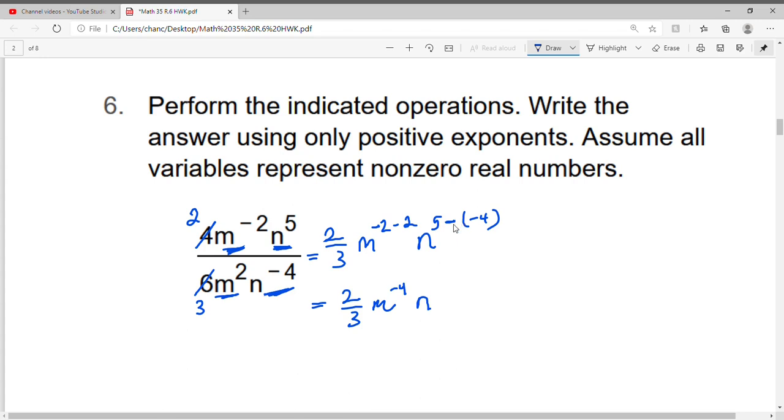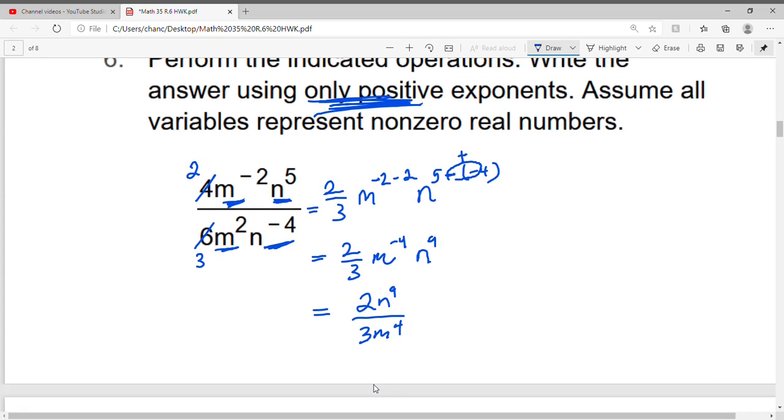N, well, remember this is a double negative, so that's a plus, n to the positive 9th power. Now we're not done because I need to make sure there's only positive exponents. So let's bring this m to the negative 4 into the denominator. Let's rewrite this as 2n to the 9th over 3m to the positive 4. Make sure you bring all of the negative exponents to the denominator.